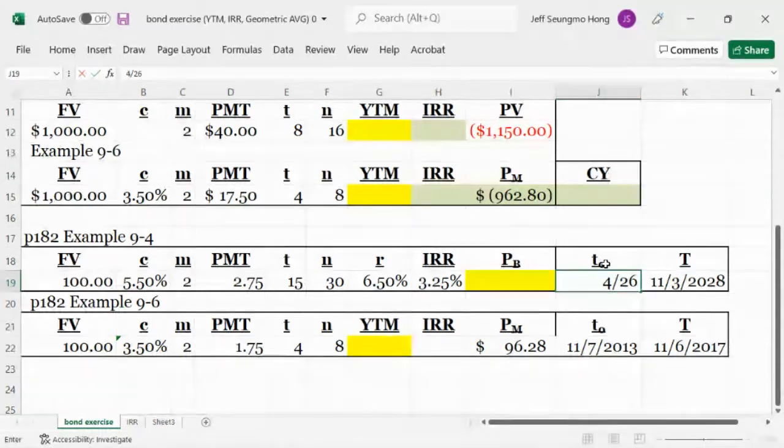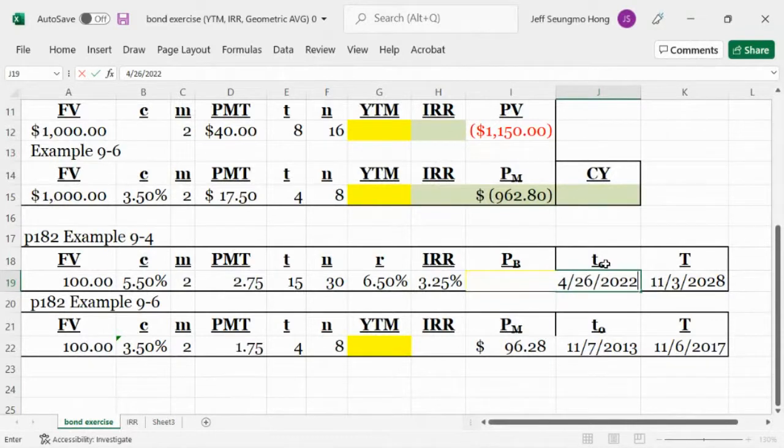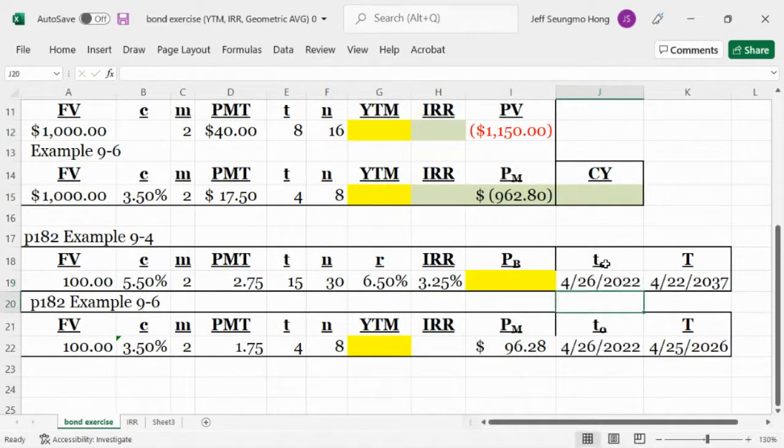So today is what? 4/26, right? 2022, and everything will follow. This is 4 years later. This is 15 years later, right? I already have built in E22 times 365.